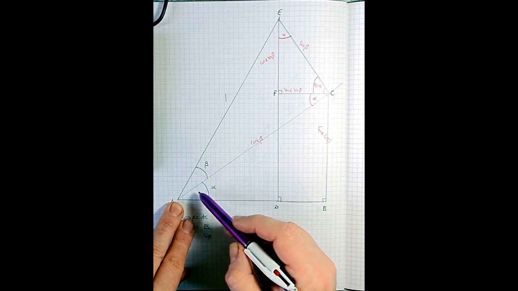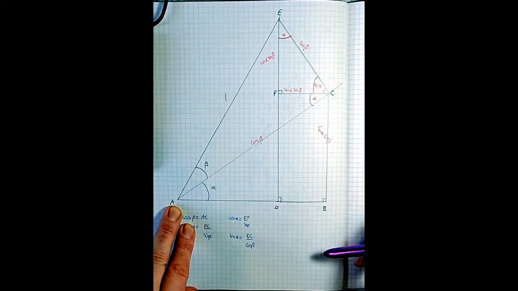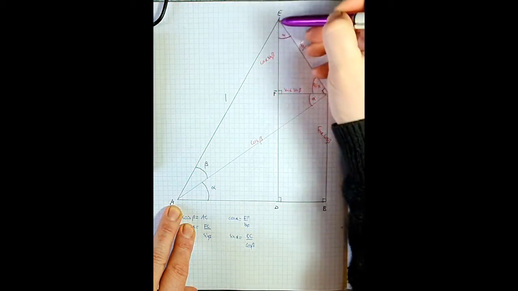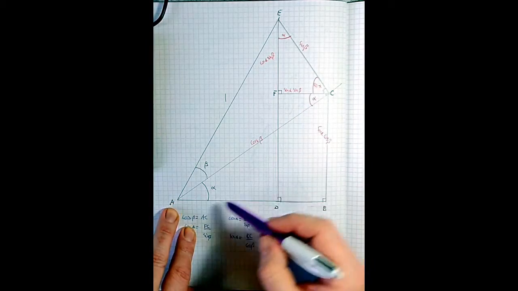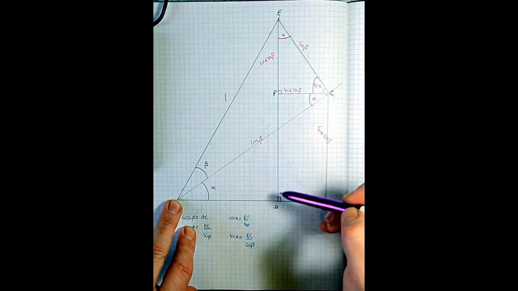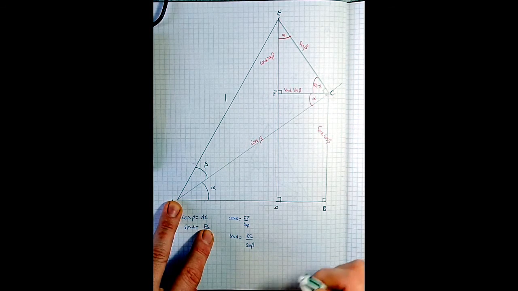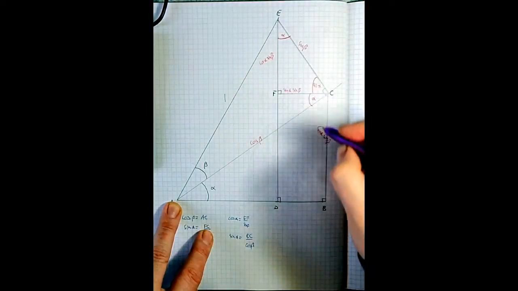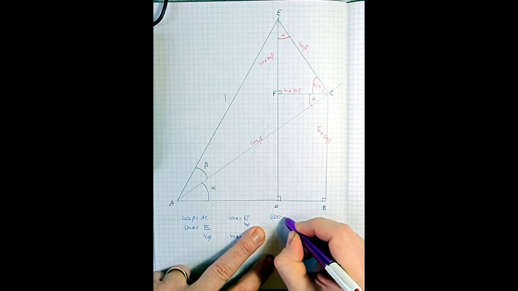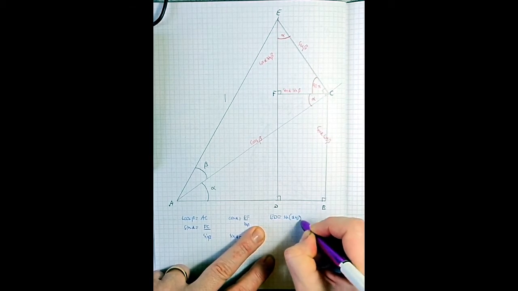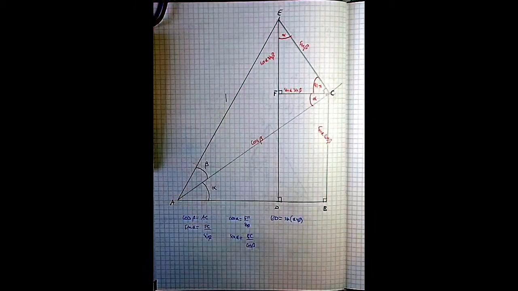If I look at my triangle ADE, the sine of alpha plus beta is ED over 1. So we can say straight away the whole thing, ED, is sine of alpha plus beta. Well, of course, ED is EF plus FD.